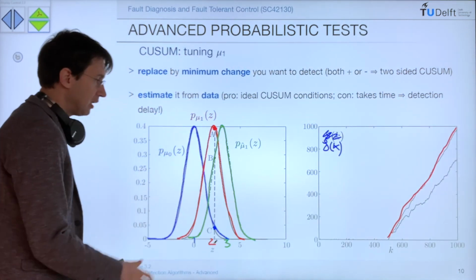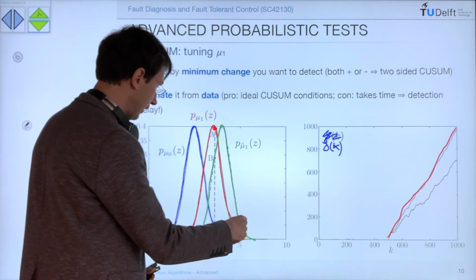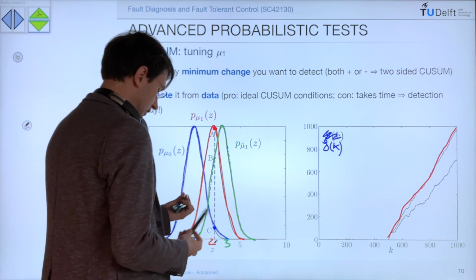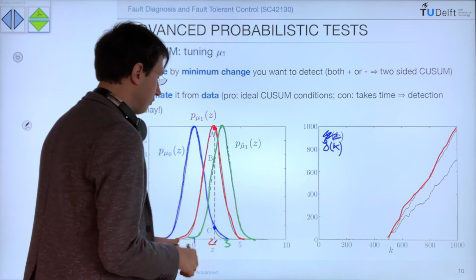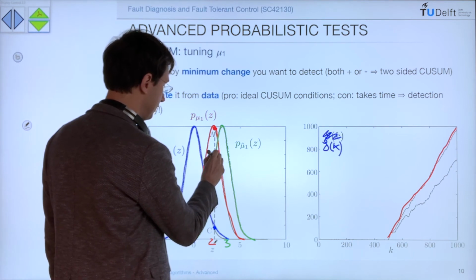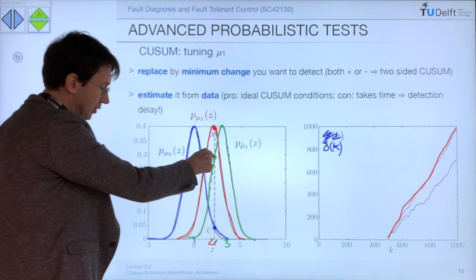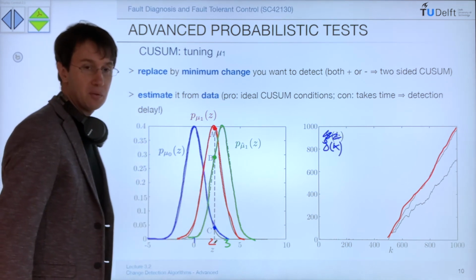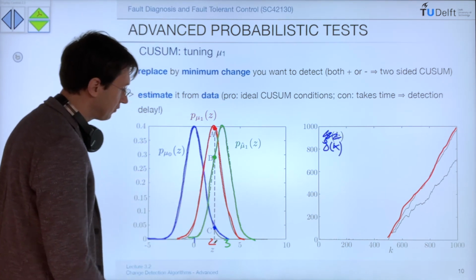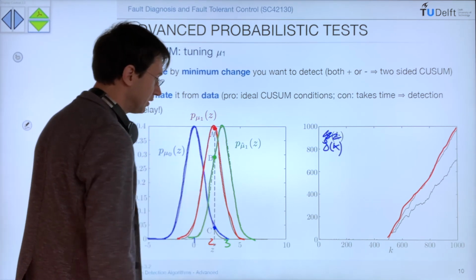But if as a post-change PDF, I'm using the green one, then the likelihood of the green one for the same value of the sample is smaller. And the log likelihood ratio also, because we have the ratio now between this and this, which is smaller than the ratio we had before if we knew exactly mu1, this between this and this.